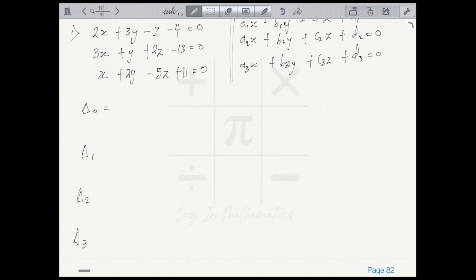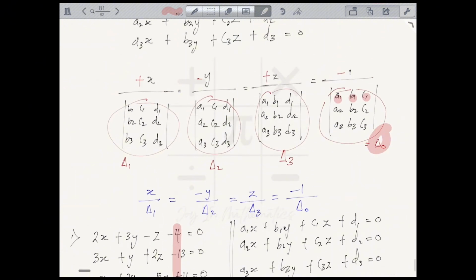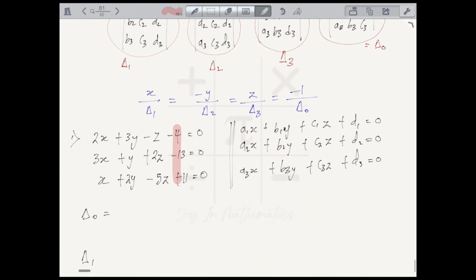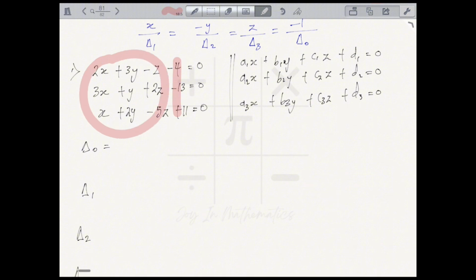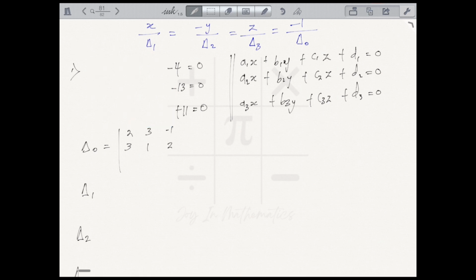So let's begin with delta 0 now. Delta 0 is striking out the constants, so delta 0 is just a, b, c. All we do is strike out the constants. When we are left with this, delta 0 is 2, 3, minus 1, 3, 1, 2, 1, 2, and minus 5.